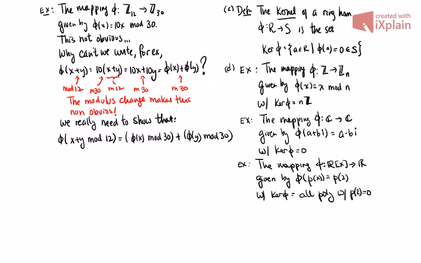And similarly for multiplication, because that way it makes sense, right? When we add in the left hand side mod 12, that transfers over to adding mod 30.